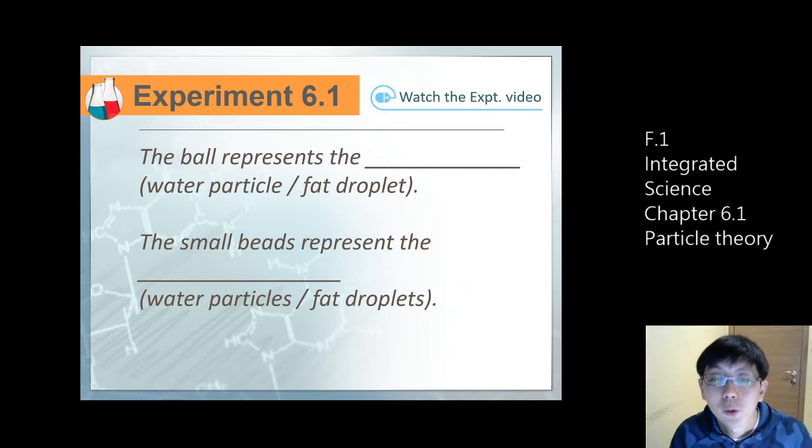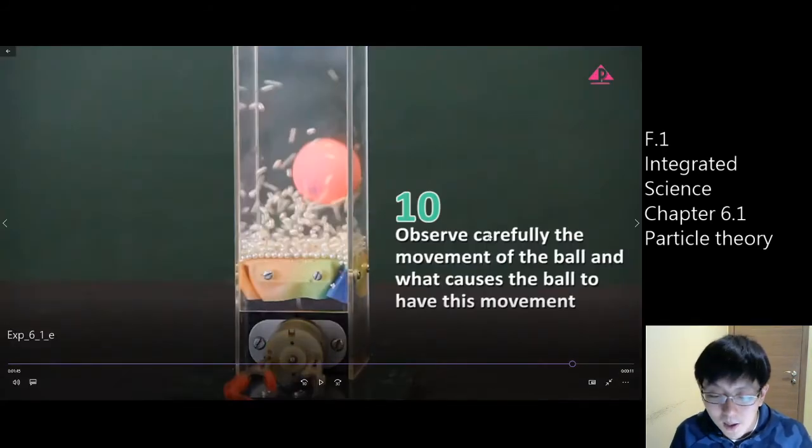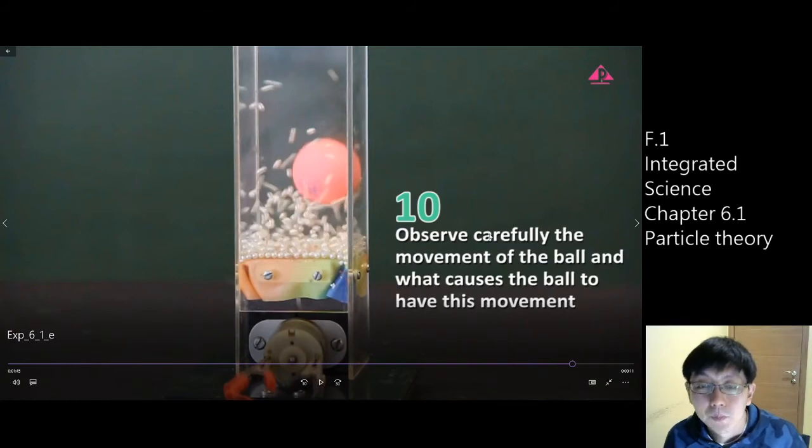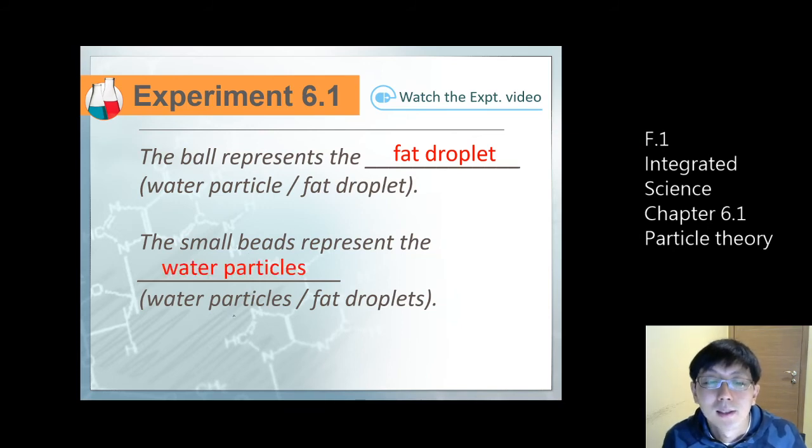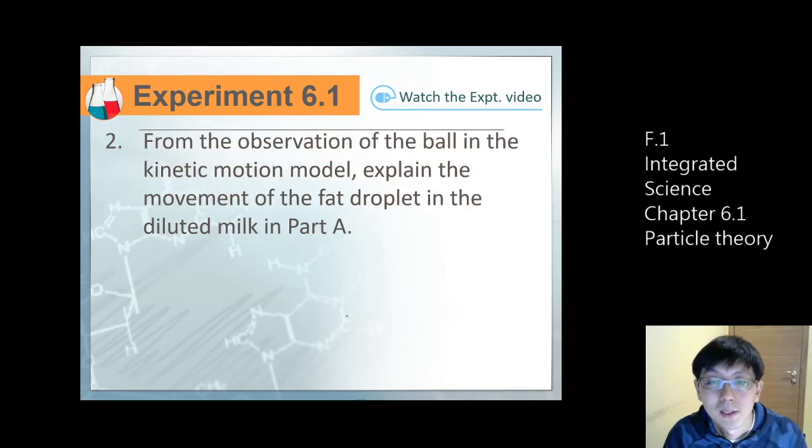So if we refer to the kinetic motion model, this is called kinetic motion model. The large ball represent the oil droplet in the previous case. 嗰啲當係脂肪粒。細粒嘅珠珠 they represent the water particles.